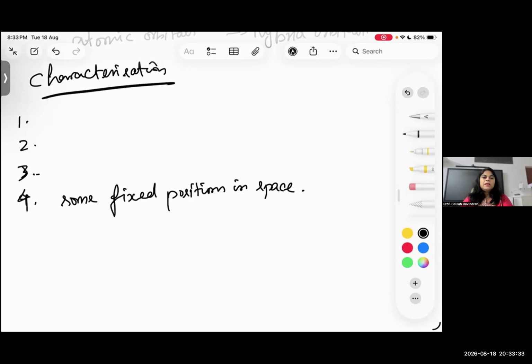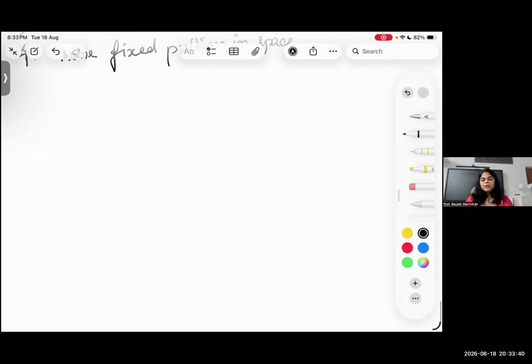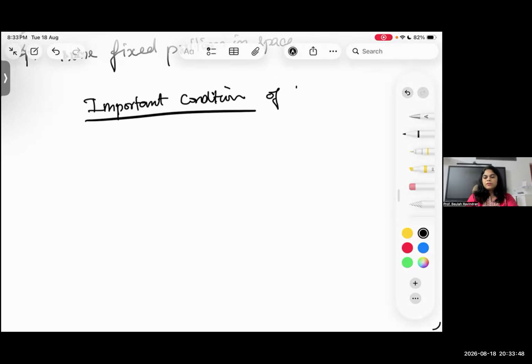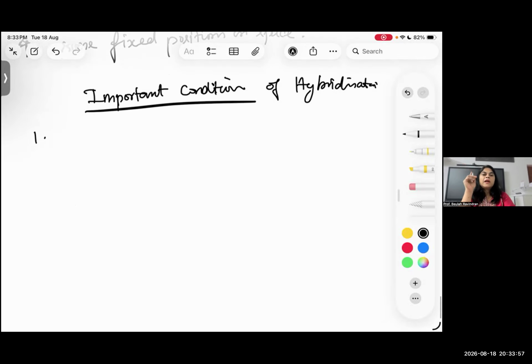Okay. So what are all the important conditions you must understand? These are all the characterizations. Take down these important conditions. Conditions of hybridization. First one, the orbitals present in the valence shell of the atom are hybridized.